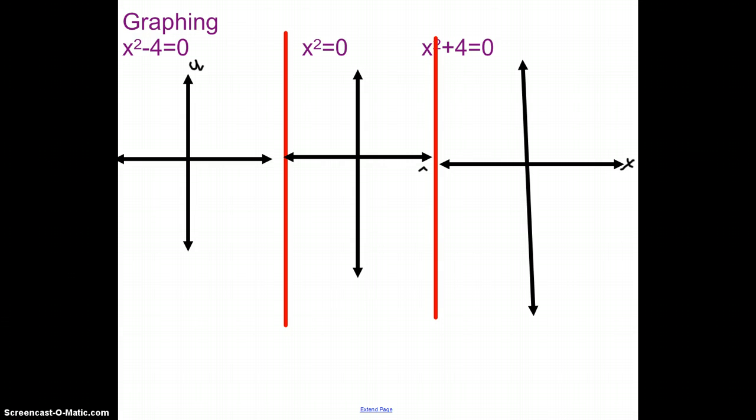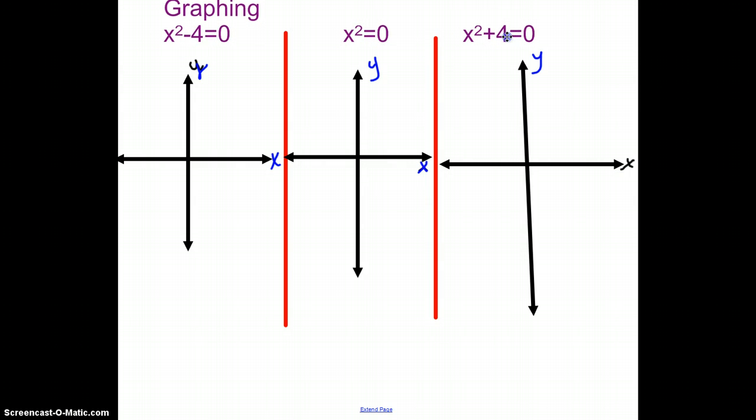Now I wanted to give you a couple examples here of what to look for as far as graphing. So if I were looking at these, let me move this just a little bit over. If I were going to look at these graphs, this -4 actually happens to be my y-intercept.